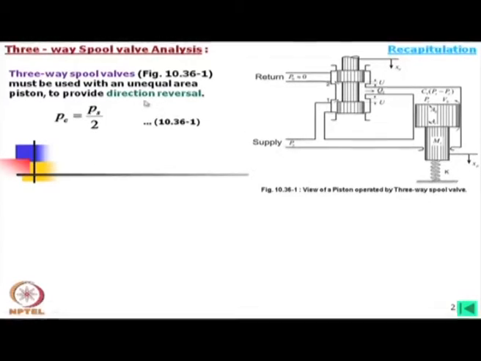Now, in the three-way spool valve, what we find is that the oil, this is the supply valve, and this supply has direct entry to the rod end side of the piston, and there is entry to the other side, the piston head side, through this controlled flow.